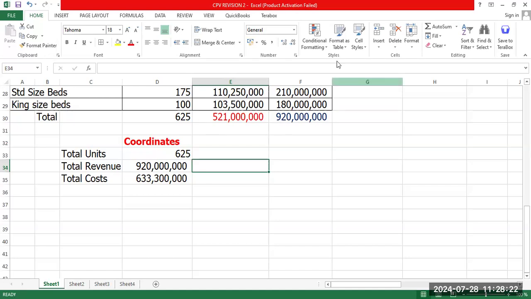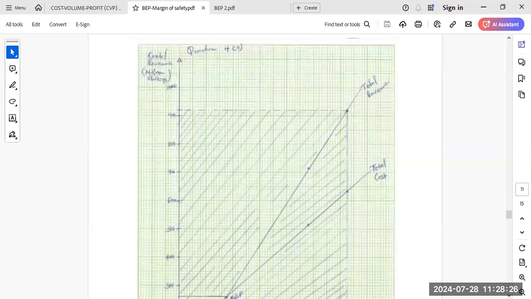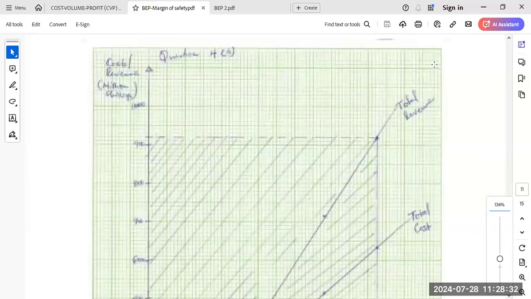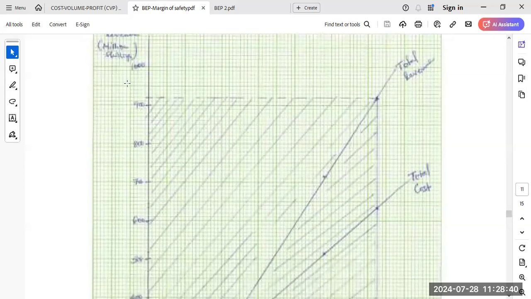That's what you're seeing here. Maintaining our figures in what? In millions. So here you have cost and revenue. So it means that you get a suitable scale to make sure that all your total revenue can fit.